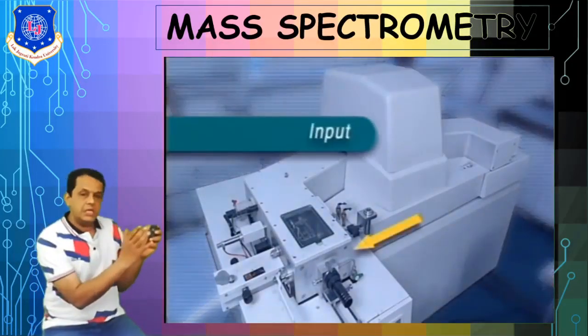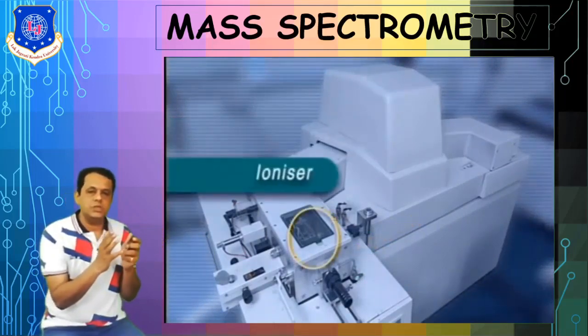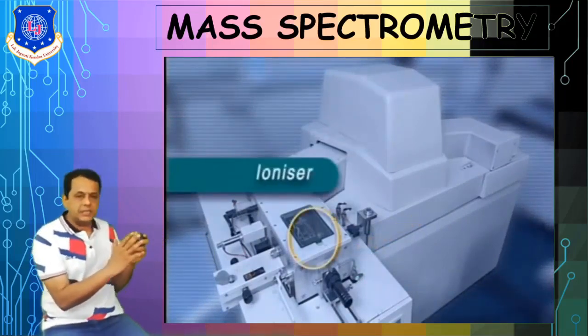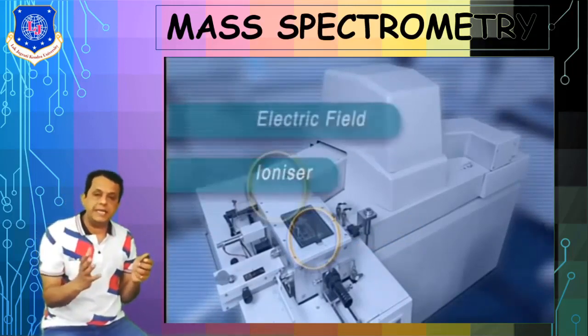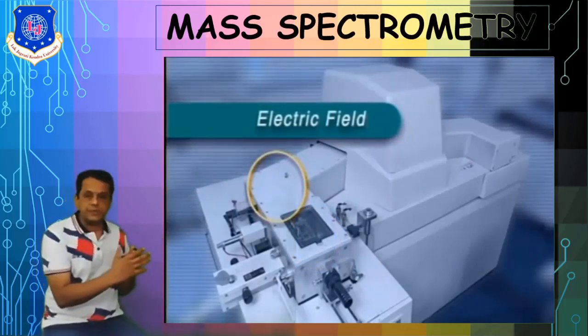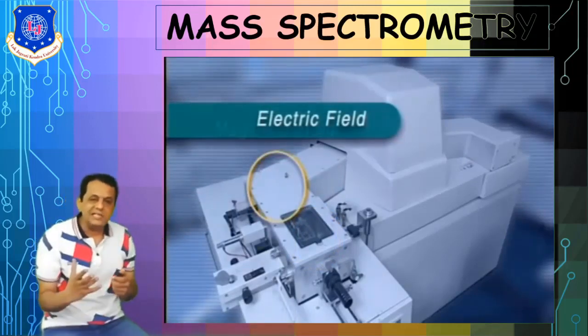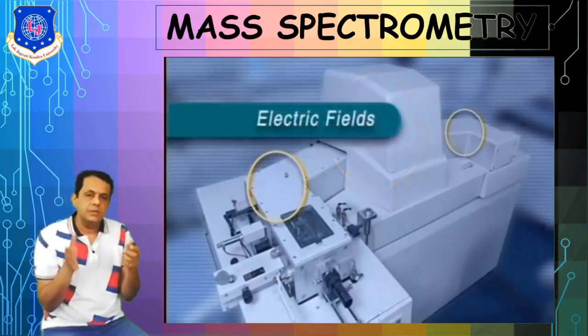Here you see the entire machine, where we talked about the input, then the ionizer part in the machine. It is a very sophisticated kind of machine, and an electric field is provided for the ionization purpose. And here a magnetic field is also present.